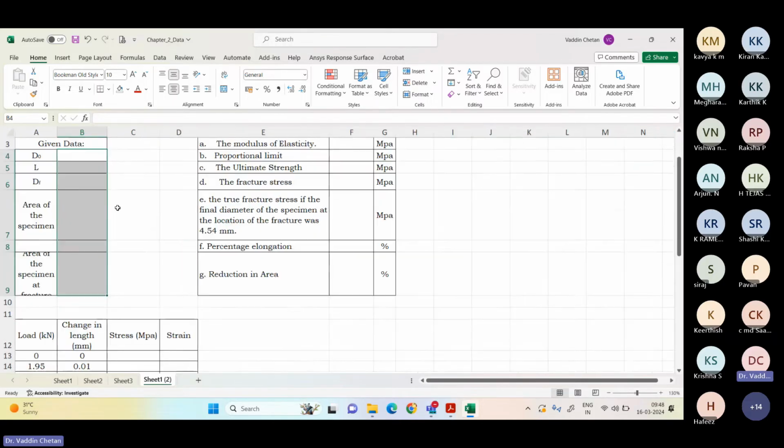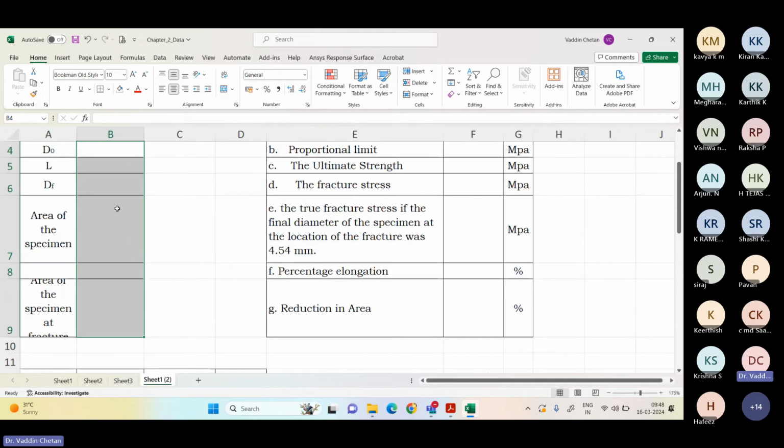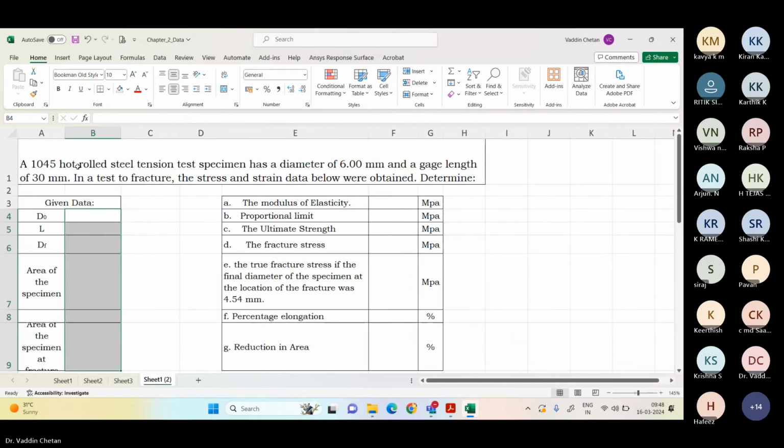Let me zoom in a bit so that it is clearly visible for you. Like this, I have created one tabular column, and for each entry I will be creating the cell IDs.